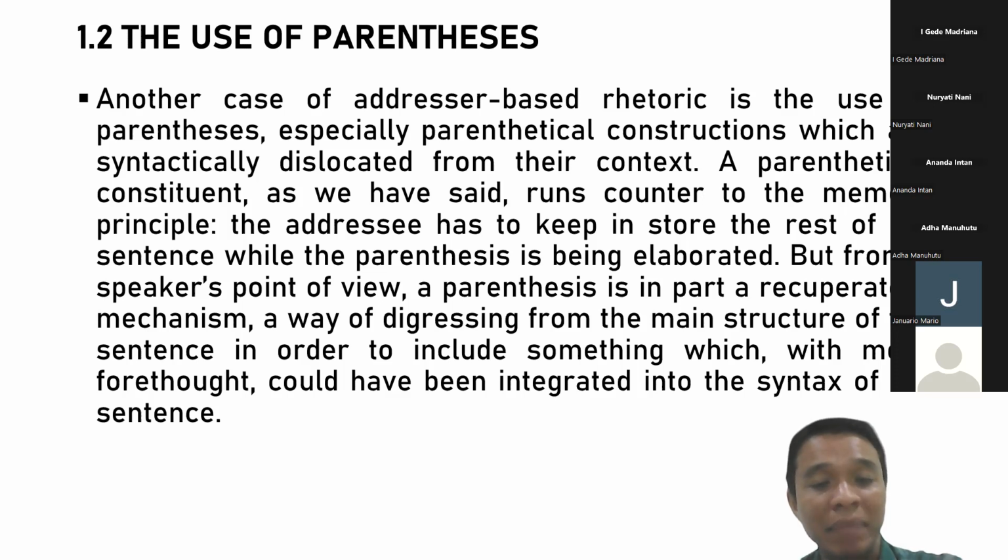It means a way of digressing from the main structure of the sentence in order to include something which, with more forethought, could have been integrated into the syntax of the sentence. So the role of syntax is very essential. It is viewed from the speaker's point of view.